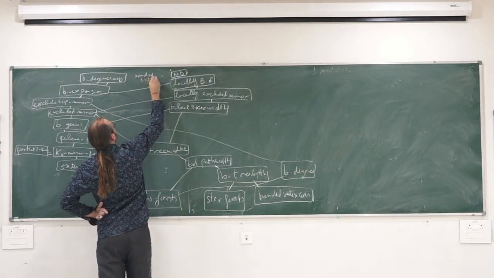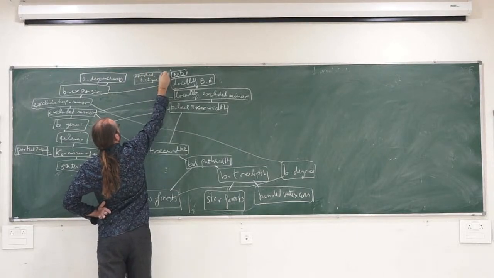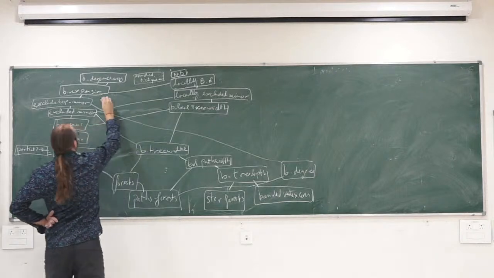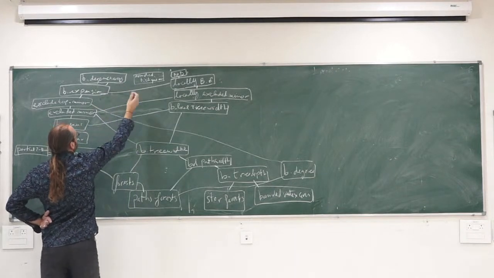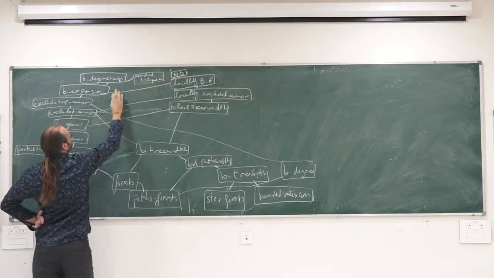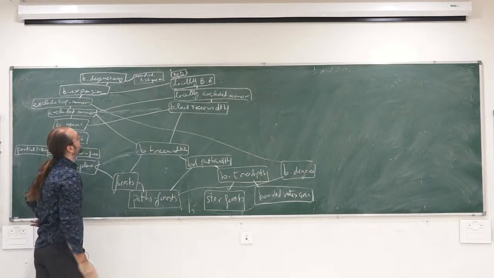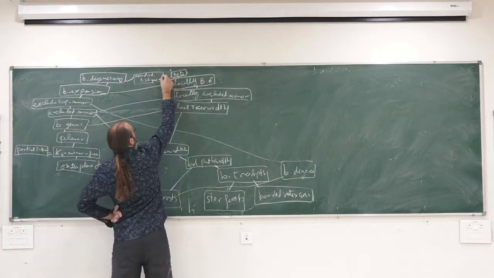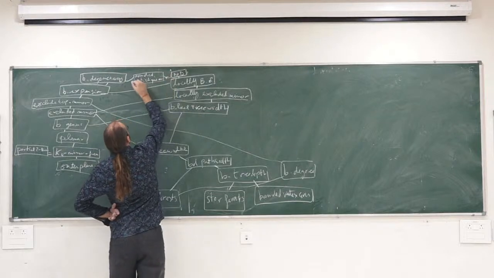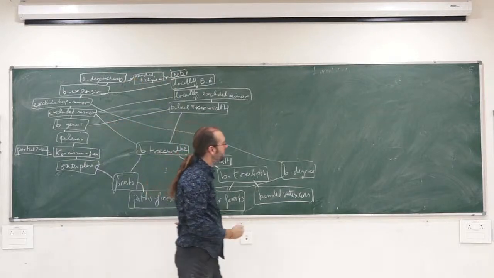I gave you an argument that if you had bounded expansion, you certainly had bounded degeneracy. In fact, the argument was showing that if you have bounded degeneracy, you have bounded clique number. And this nowhere dense graph also has bounded clique number. So this clique number is quite interesting.